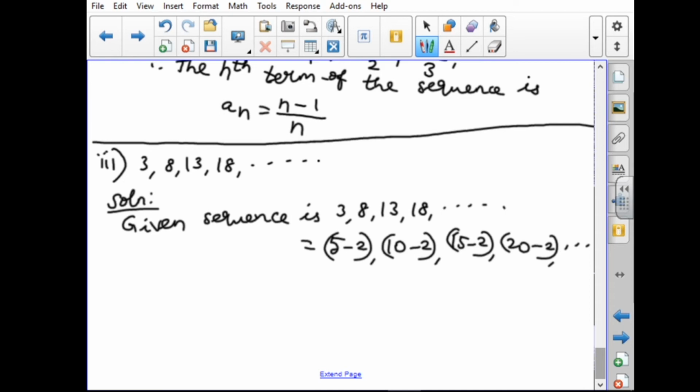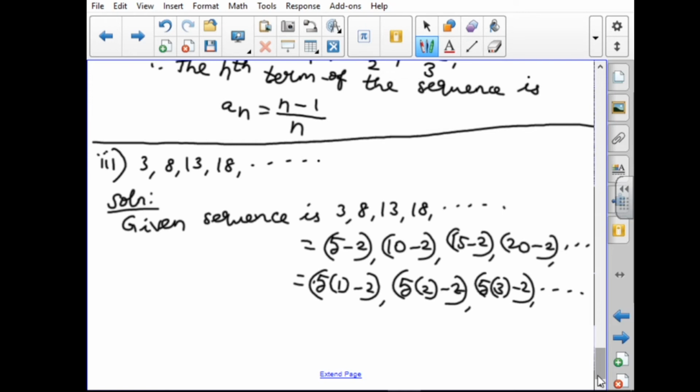Here the 2 is subtracted from the multiples of 5. The multiples of 5 are also what? Natural numbers only. So we can write again like this: 5 into 1 minus 2, this is the first term. Second, 5 into 2 minus 2, this is the second term. Next, 5 into 3 minus 2, this is the third term.